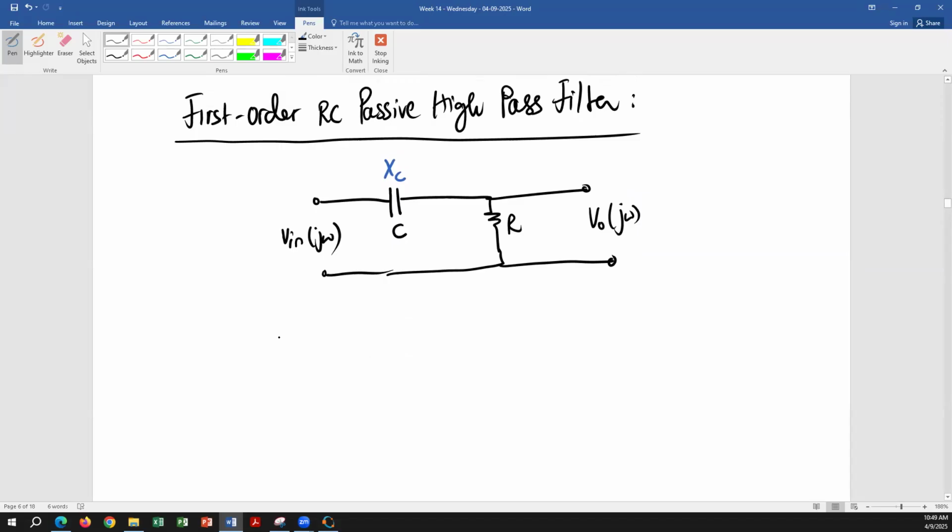Let's write down the output first and then the transfer function. So the output equation, who's going to tell me the output is going to be equal to? The equation for output, in terms of input and R and XC.